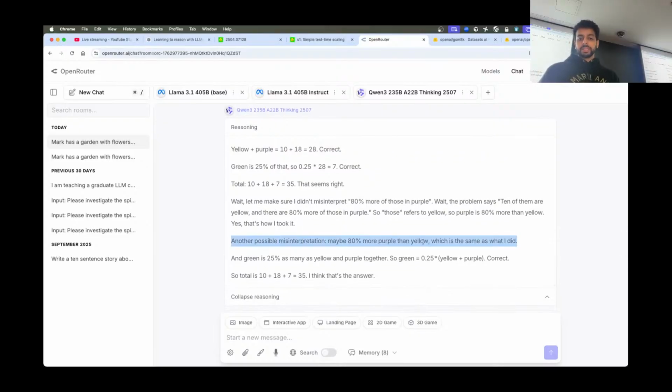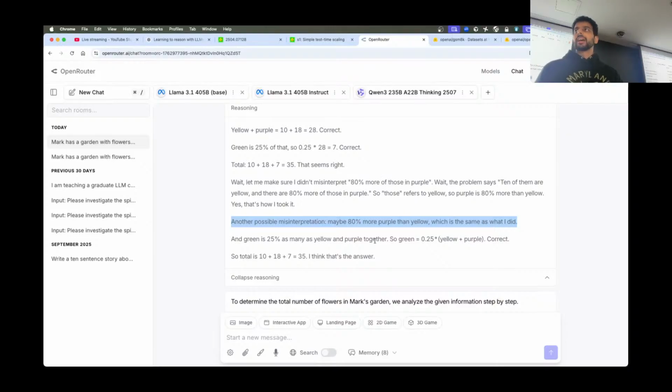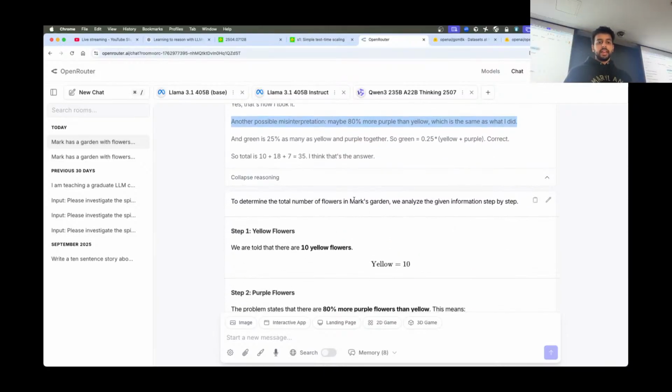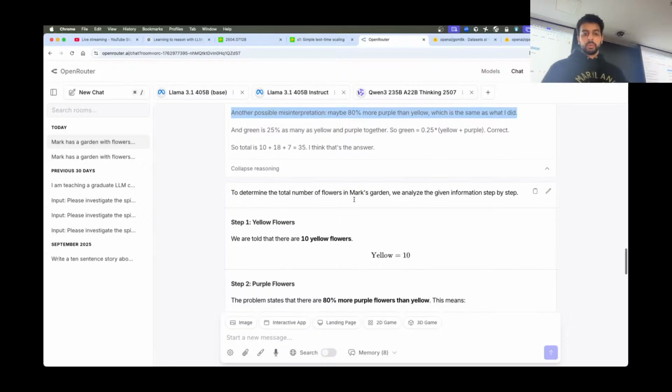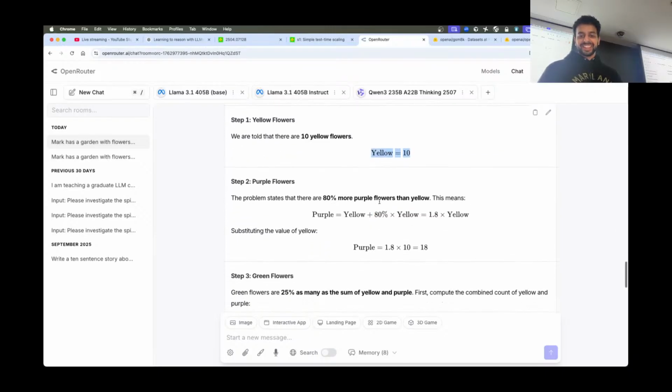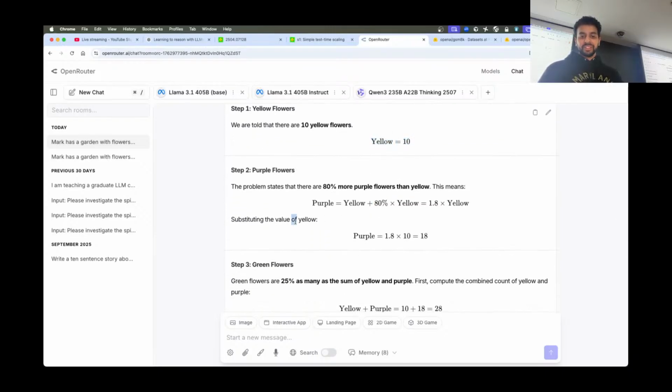Another possible misinterpretation. So it's rethinking its initial assumptions and double checking, triple checking, and then it makes all of its thoughts into a cohesive answer with good formatting. Although this is a little excessive, I don't know why it's doing this. Substituting the value of yellow.